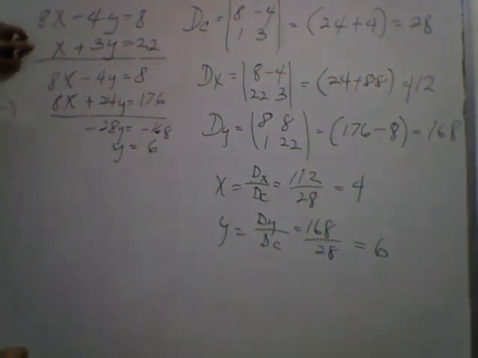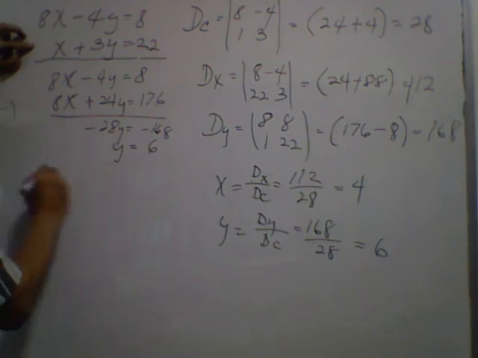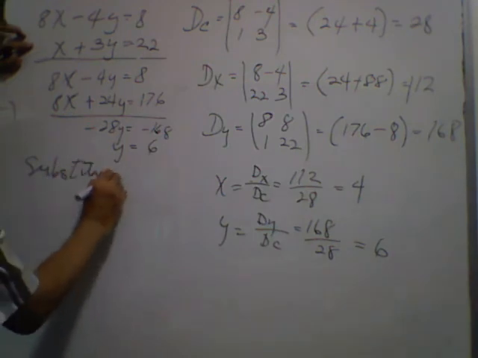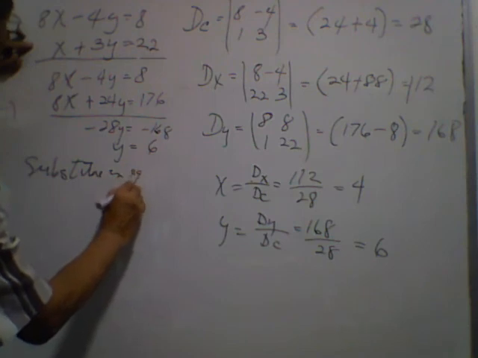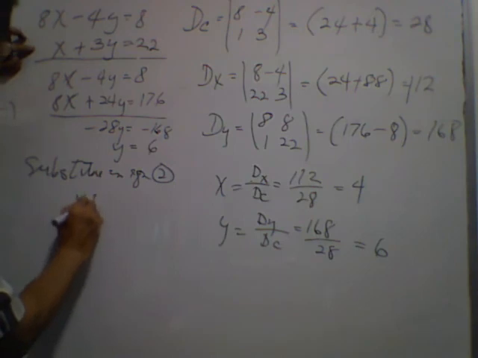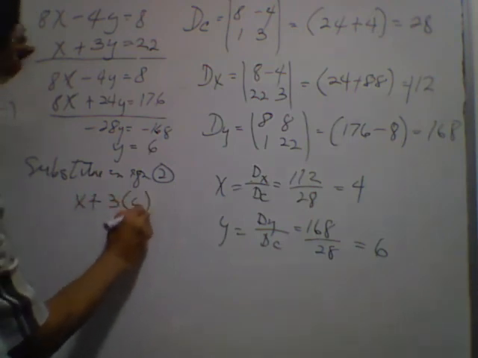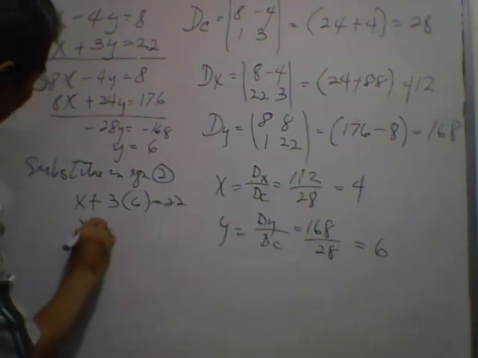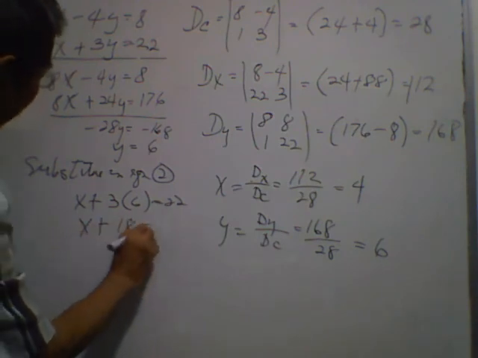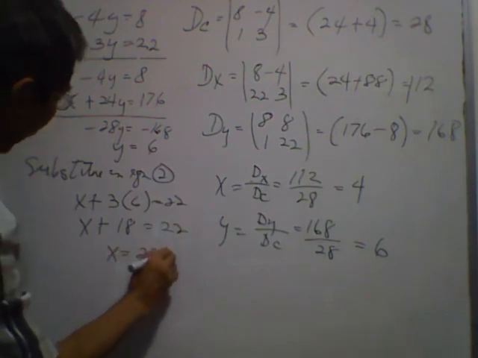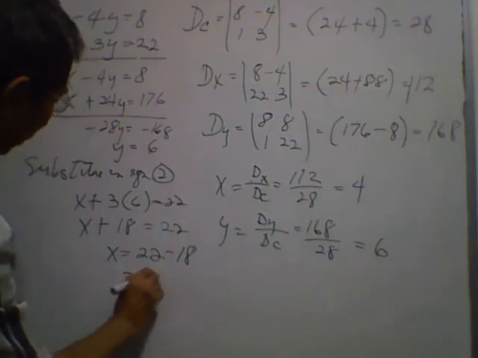If we have the value of y here, substitute in equation 2, so we have x plus 3 times 6 is equal to 22. X plus 18 is equal to 22. X is equal to 22 minus 18, and that is equal to 4.